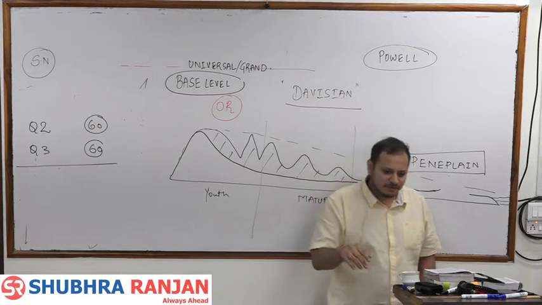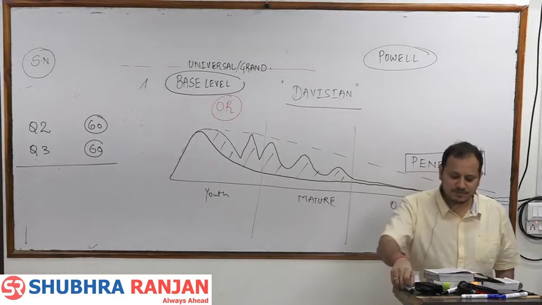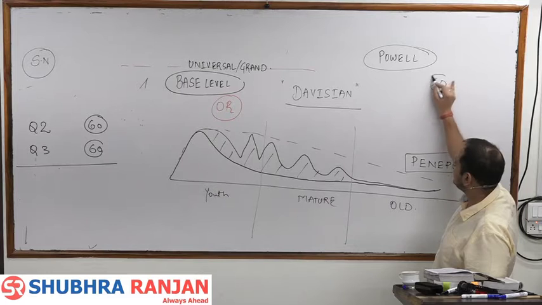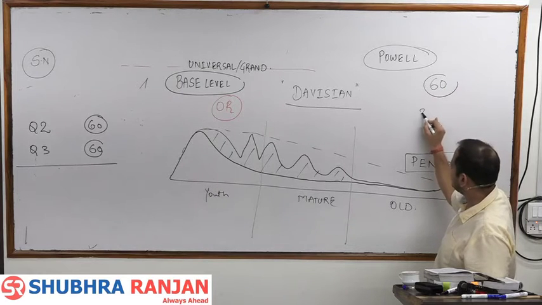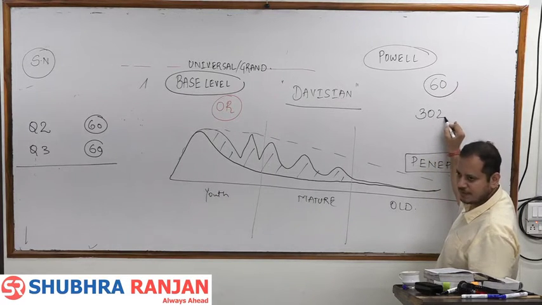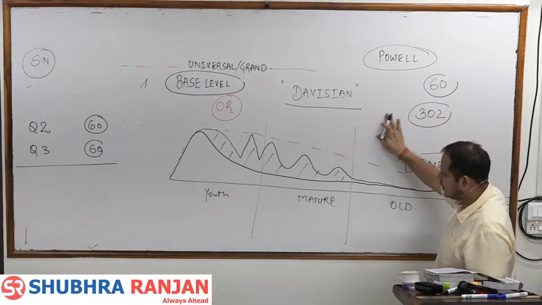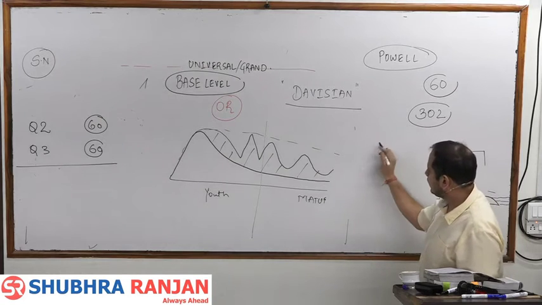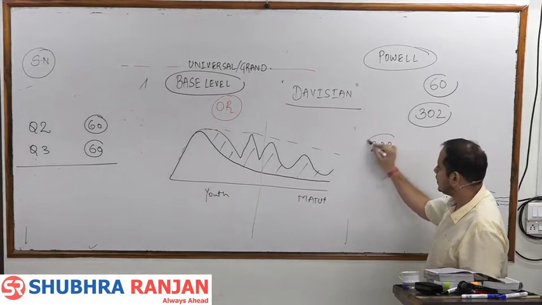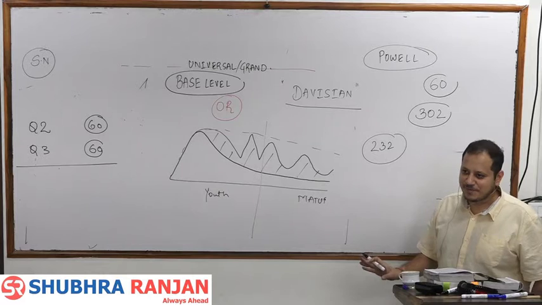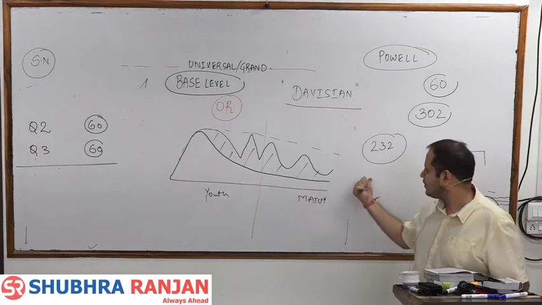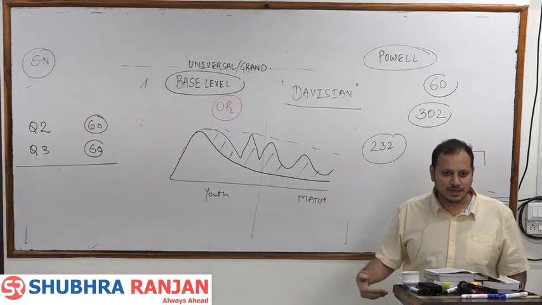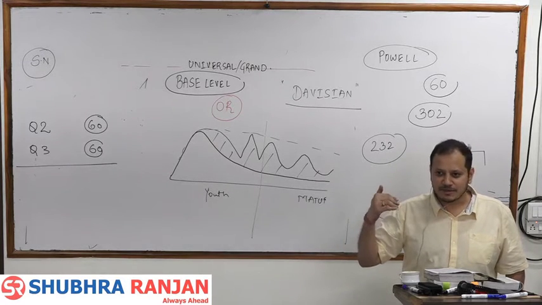Fine? So we have one person who came for the crash course again. Last year, when he did not attempt 60 marks in the paper, his score was 302. This year, when he attempted the entire paper of geography, his score is 232. He is in a state of shock because this was his best attempt, and when marks came, he got 232. And last year he did not take the interview seriously.